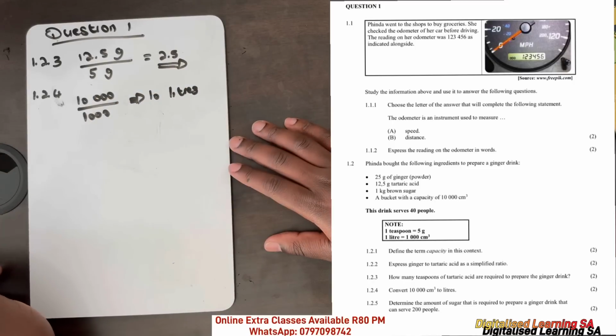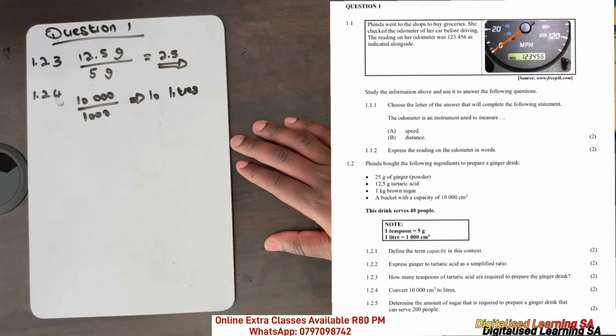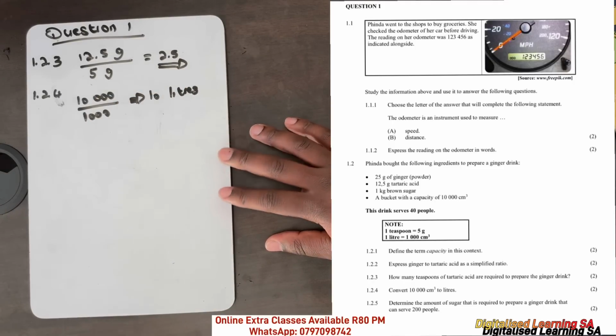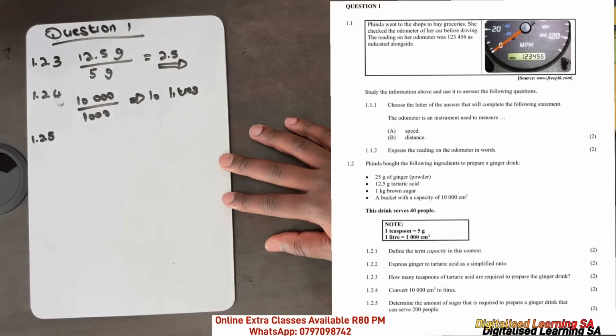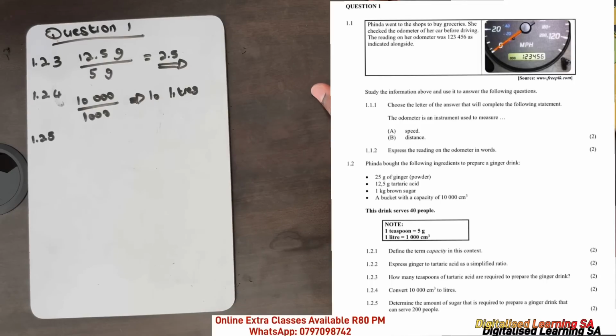10 liters. Okay, so now let's move to the next question, which is question 1.2.5. Question 1.2.5 says, determine the amount of sugar that is required to prepare a ginger drink that can serve 200 people.